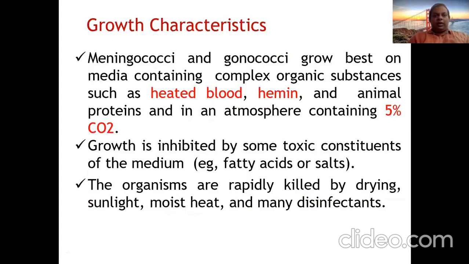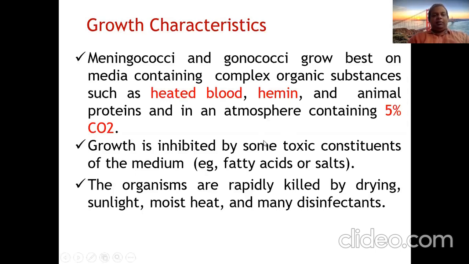Further, about the growth characteristics, both gonococci and meningococci grow on media containing complex organic substances, that is from heated blood, heme, and animal proteins. The temperature requirement is 37 degrees, and the atmosphere contains 5% carbon dioxide.